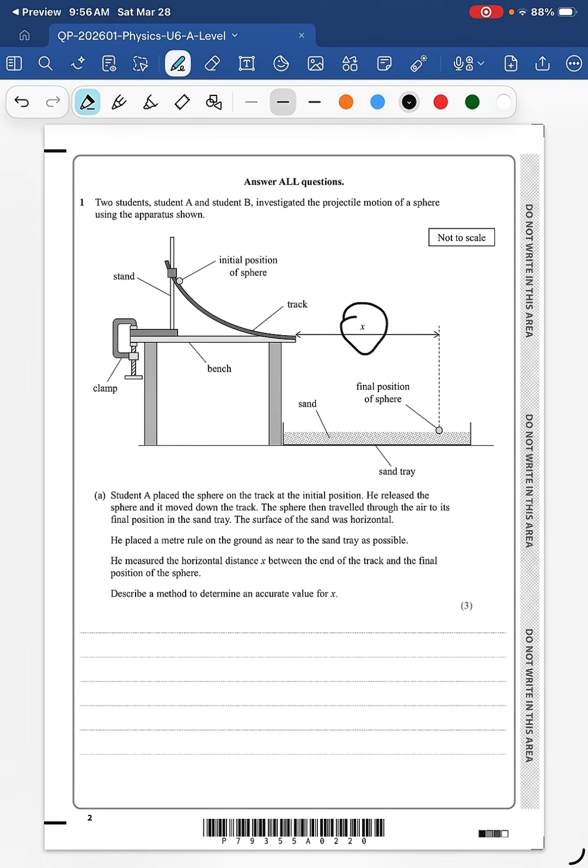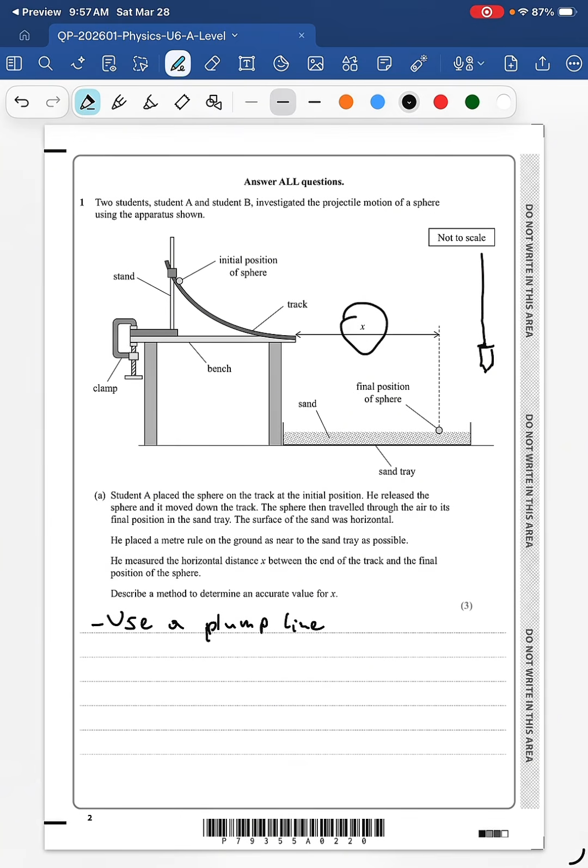So I guess the best way is to use a plumb line. It's that bob that hangs from a string and it points towards the center of gravity.